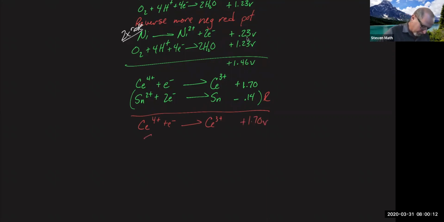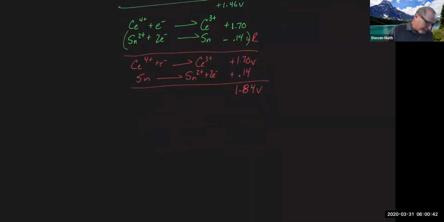And when we flip, tin goes to tin 2 plus 2 electrons, and that's now going to become a positive 0.14. Our overall voltage becomes 1.84 volts. So these are just standard notations of how we create a galvanic cell.